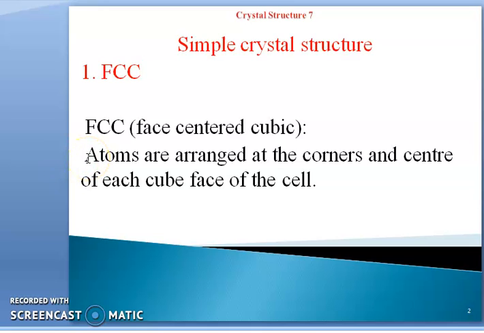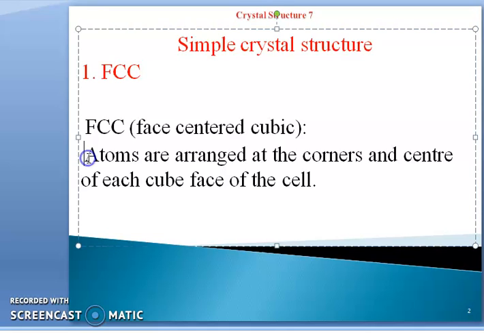How is the FCC structure physically going to appear? These things we are now going to study. Here you see, in case of FCC, atoms are arranged at the corners and center of each cube face of the cell.